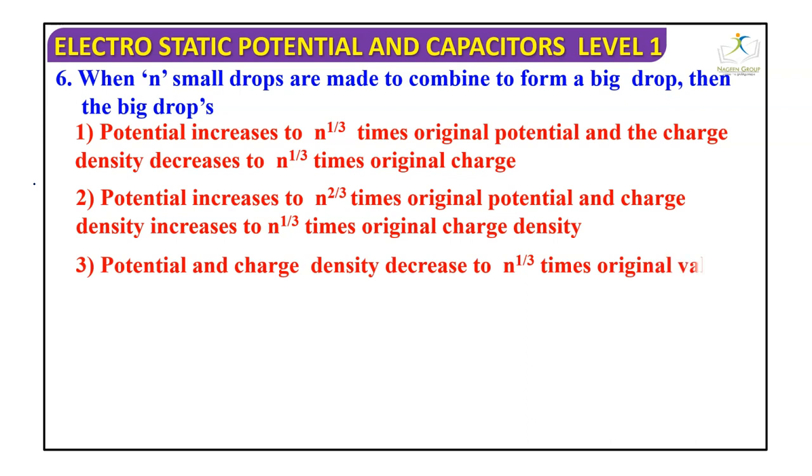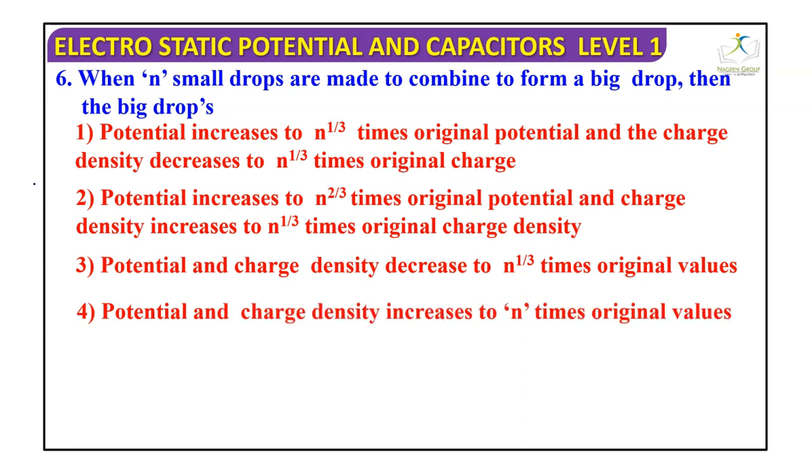Third, potential and charge density decrease to n to the power 1 by 3 times the original values. And the last, potential and charge density increase to n times the original values.